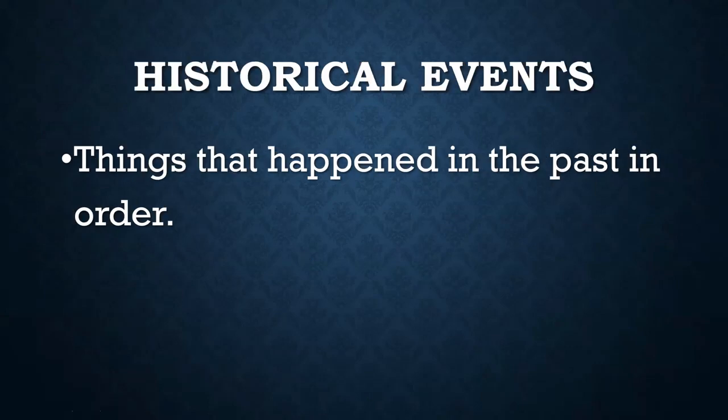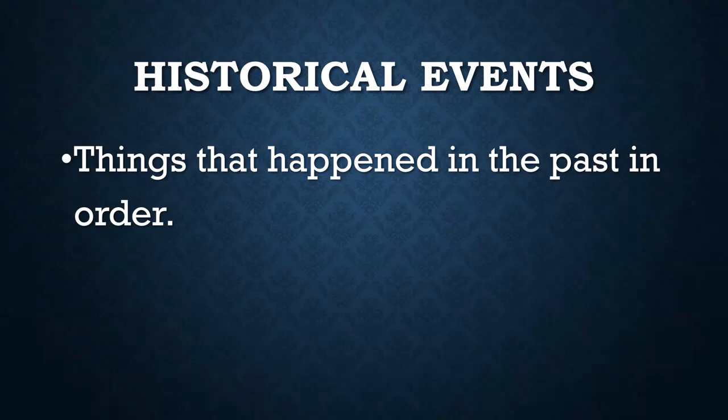Historical events are things that happened in the past. Famous wars, famous people. The Native Americans were in history. The European explorers who explored different places. The British colonies, such as the New England, Southern, and Mid-Atlantic colonies.